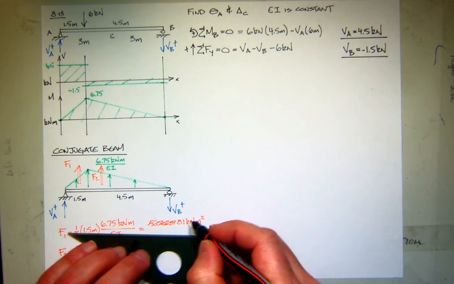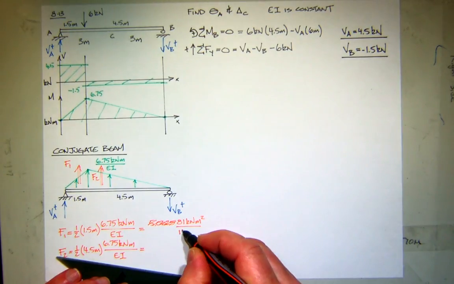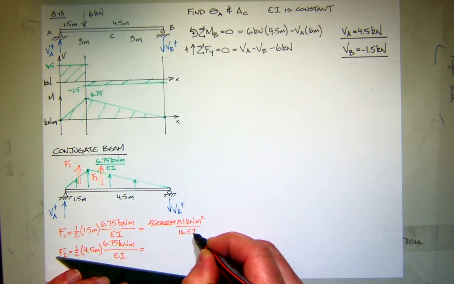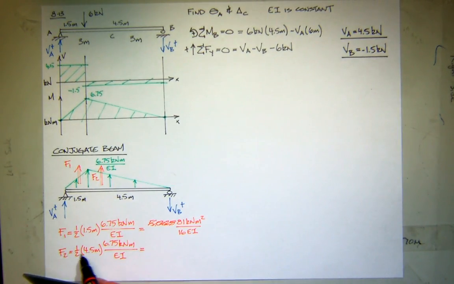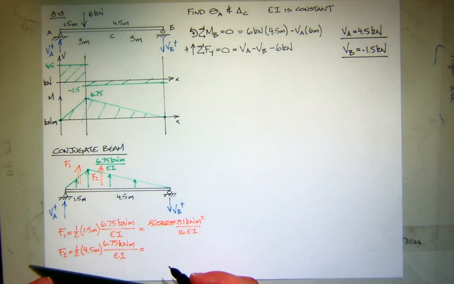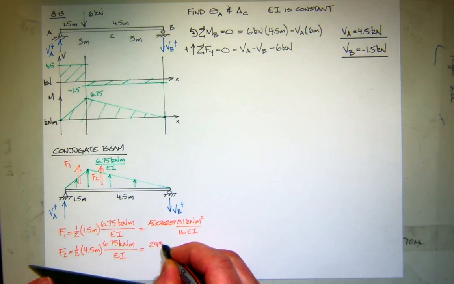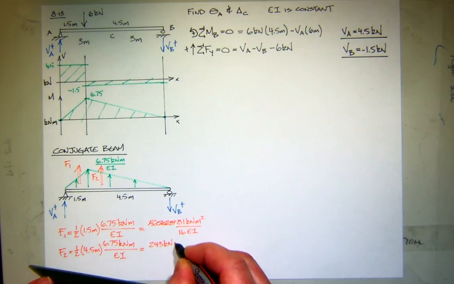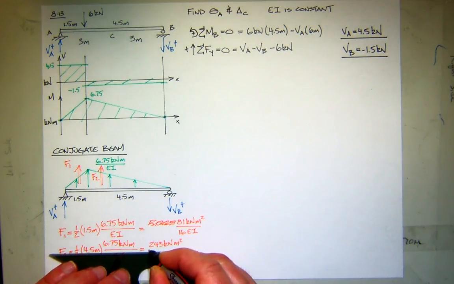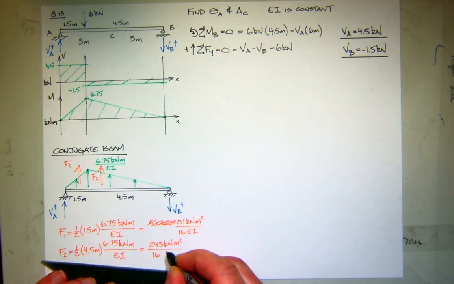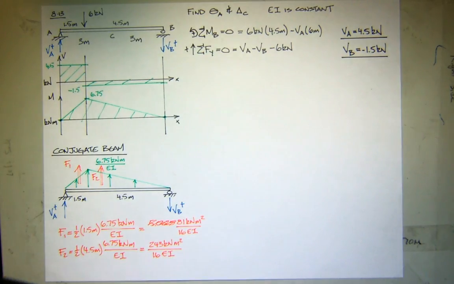And that's kilonewton meters squared over 16 EI. I guess this one will be 3 times that, right? So what's 3 times 81? 243? Yes. So this will be 243 kilonewton meters squared over 16 EI, right? Well, that worked out nice. Thank you.